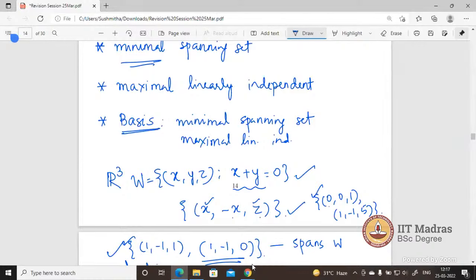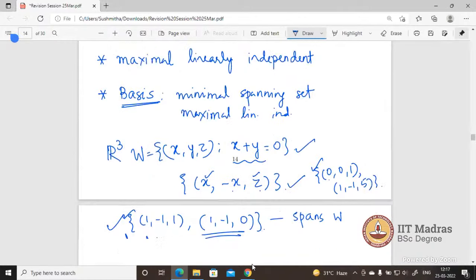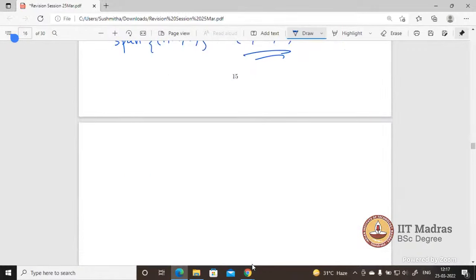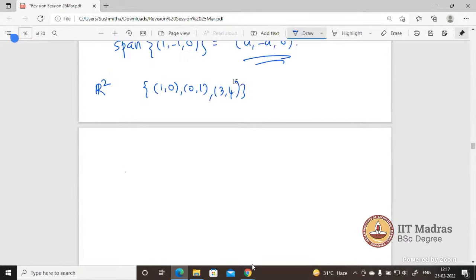Okay, so we have come to the definition of basis with the help of a spanning set, right? Yeah. See, in R2, give me a basis for R2. 1 0 and then 0 1. So this spans R2, right? Yes. Does this span R2? Yes. Does this span R2?